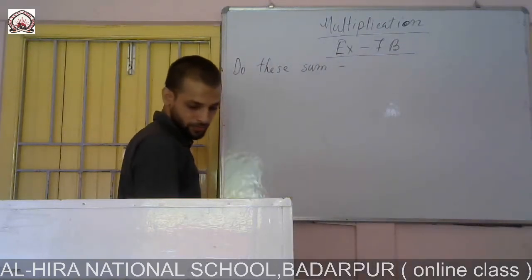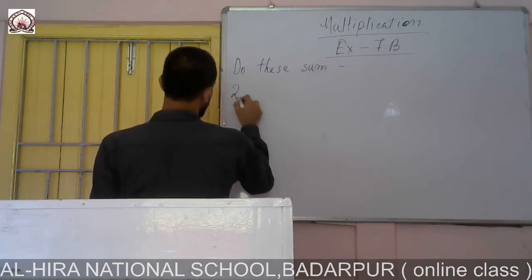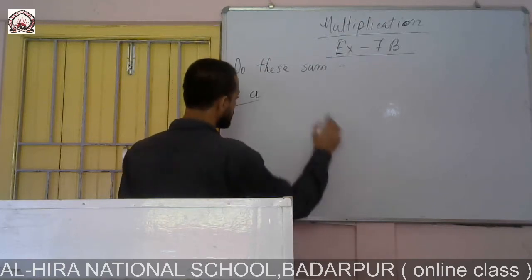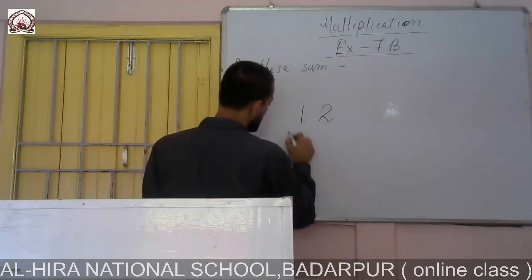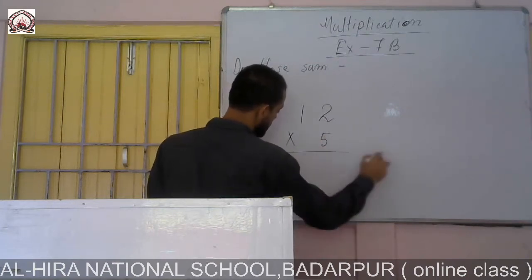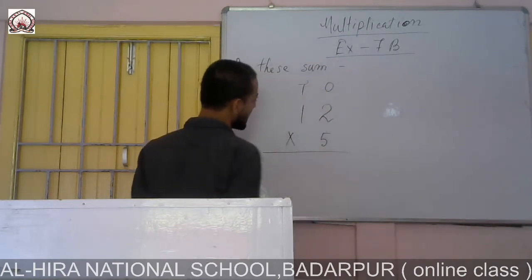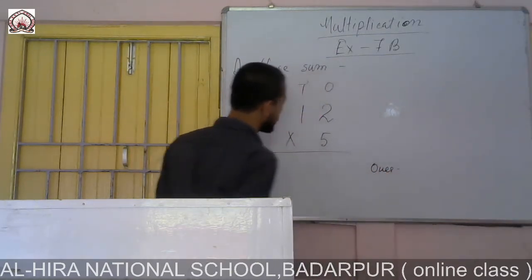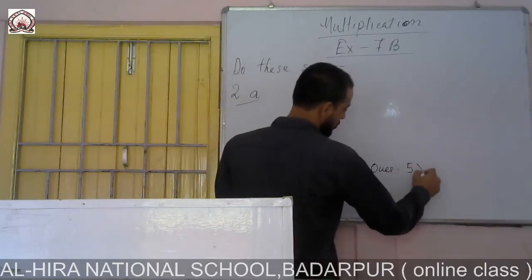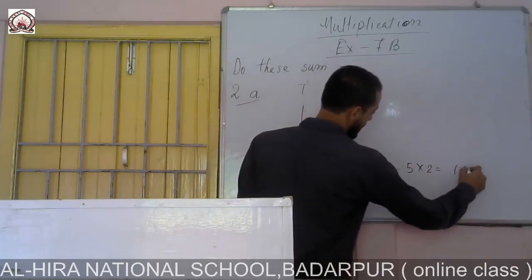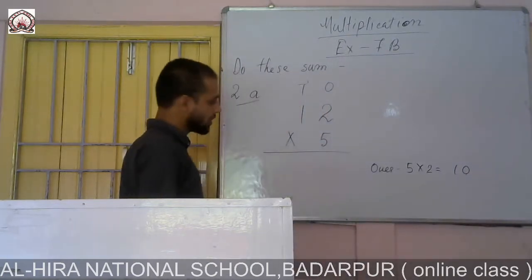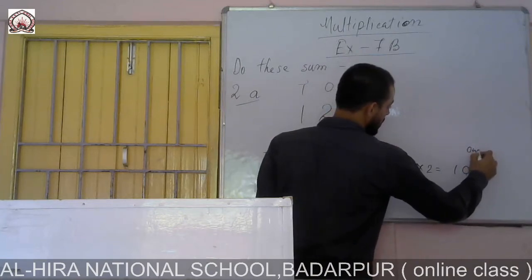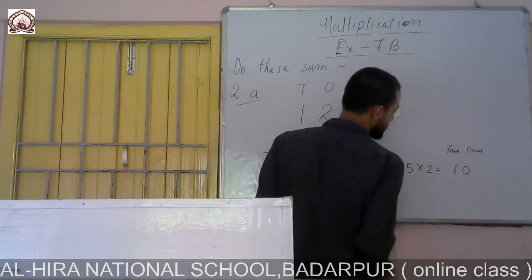Now 2a. 12 multiplied by what? 5. This is the ones place and this is the tens place. So at first we have to multiply which place? Ones place. In ones place 2 digits are there, that is 5 and 2. So 5 multiplied by 2 equals to what? 10. So this 0 comes in ones place and this 1 comes in tens place.